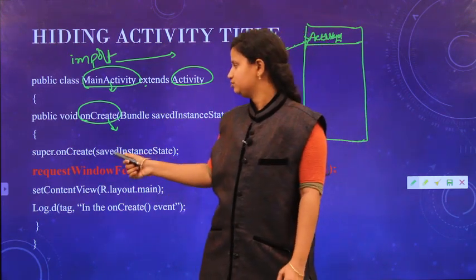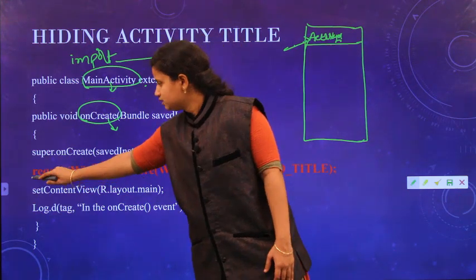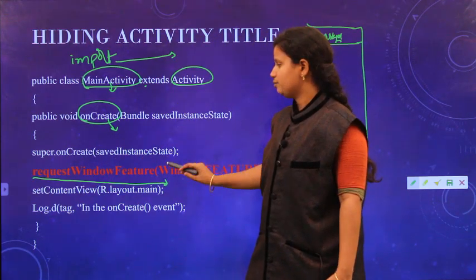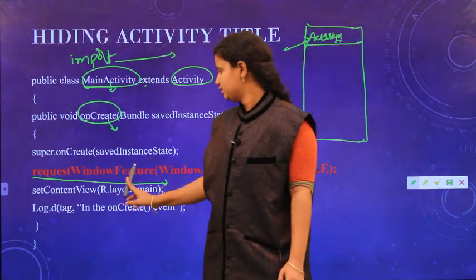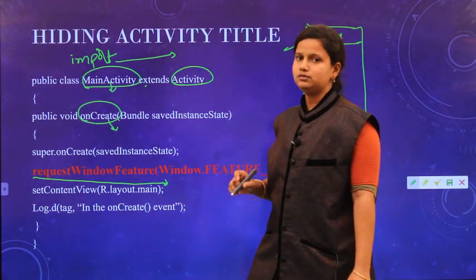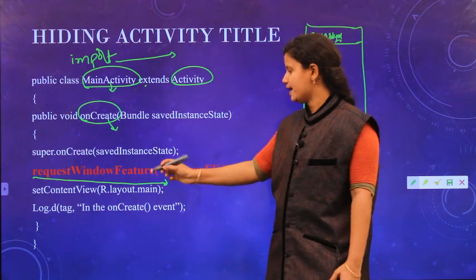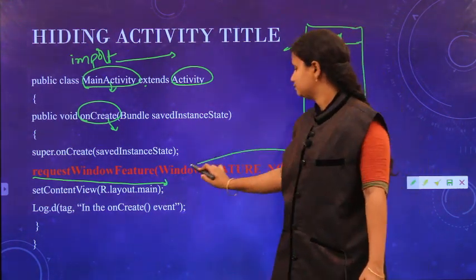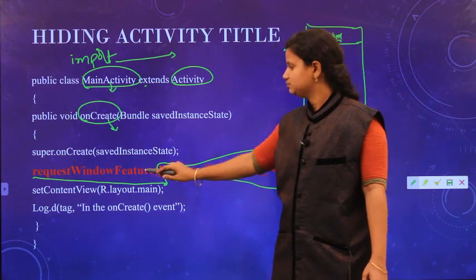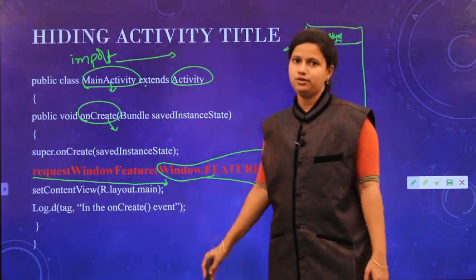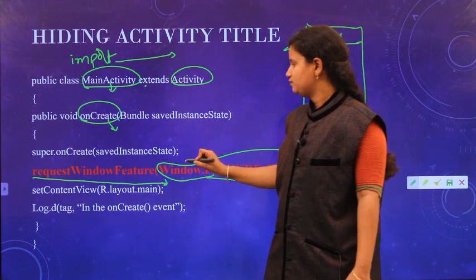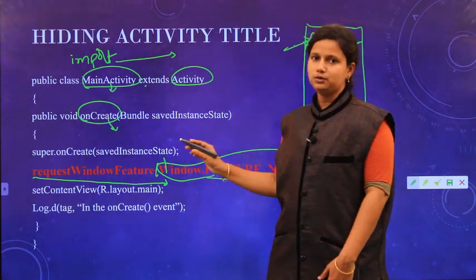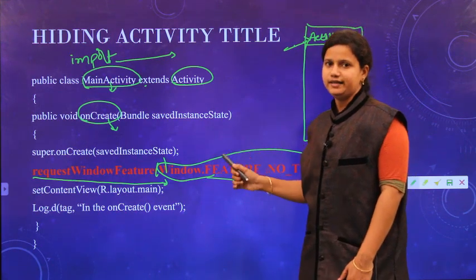Within this onCreate method, we have to write the corresponding code of the program. To hide the title, the method we use is requestWindowFeature. We request the window feature as Window.FEATURE_NO_TITLE. requestWindowFeature is one of the methods to set the window title.